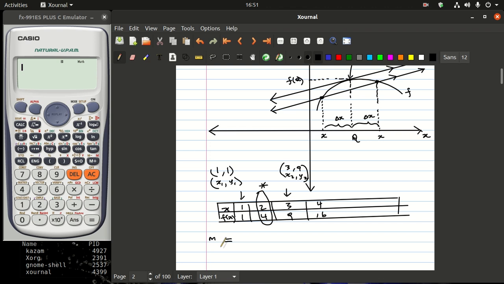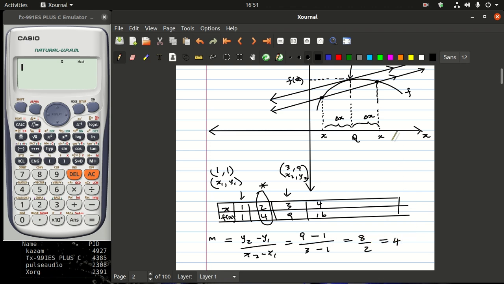So if you look at the slope of the line that is passing through this point and that point, but not this one in the middle, it's going to be y2 minus y1 divided by x2 minus x1. So you will end up having 9 minus 1 all over 3 minus 1, which is 8 over 2, which is 4.